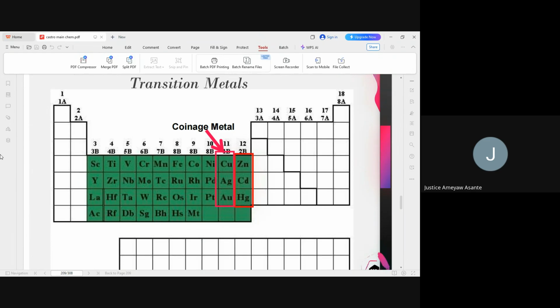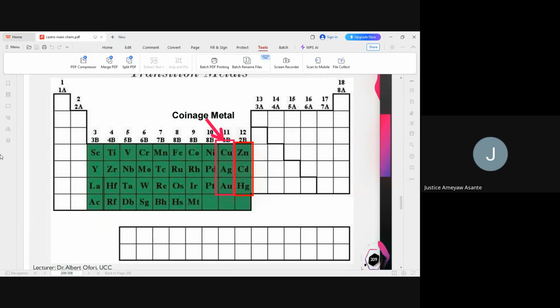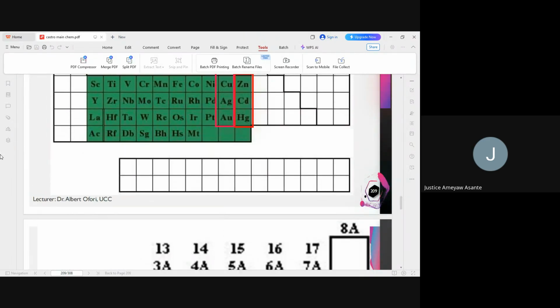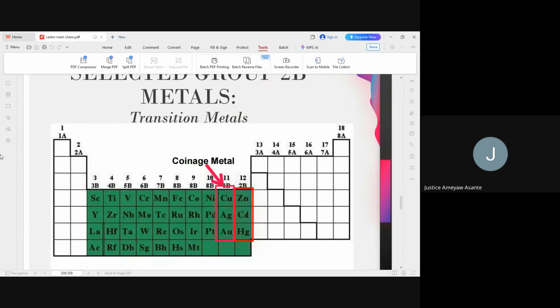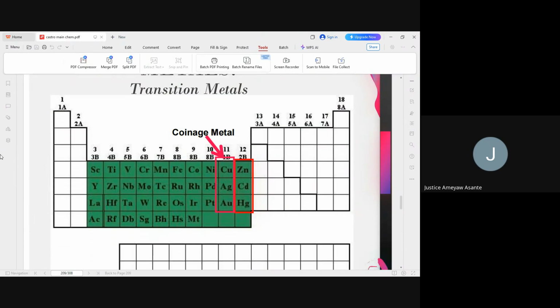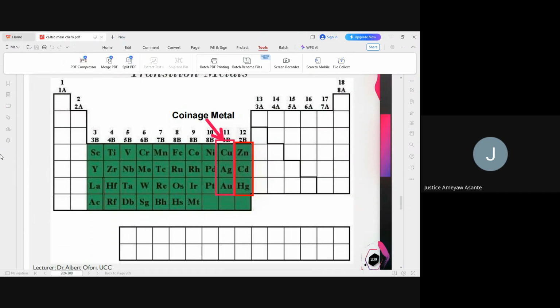So some selected transition metals that we have looked at are gold, silver, copper. Then there are zinc, cadmium, and mercury. They are all coinage metals. So now when you say coinage metals, you know some of them. They are what?